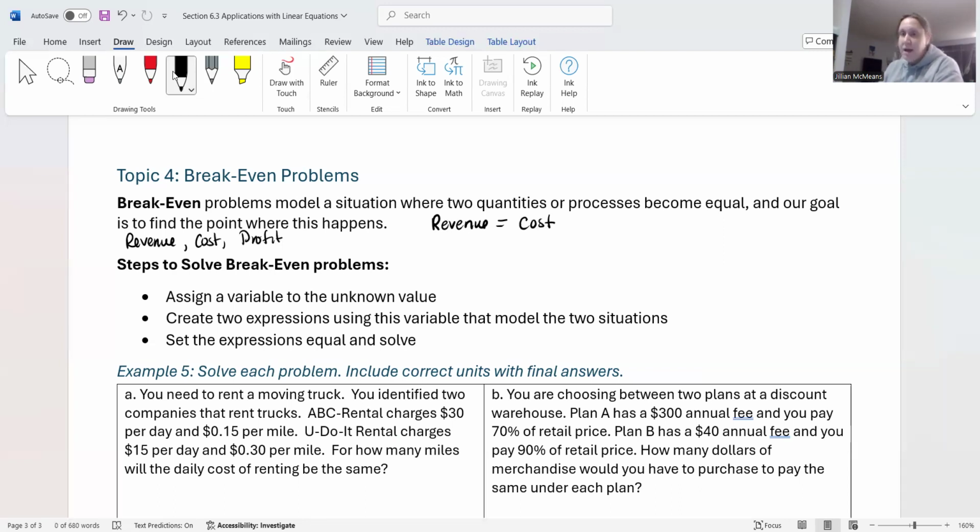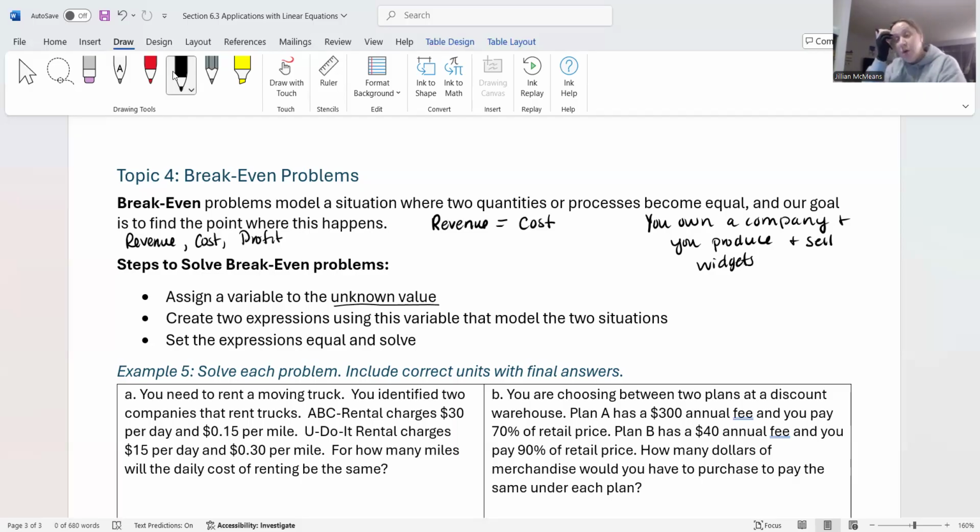So if we go back to this idea of revenue and cost, let's say again, you own a company and you produce and sell widgets. Well, the unknown value would be the number of widgets you would have to sell for your revenues to equal your cost.